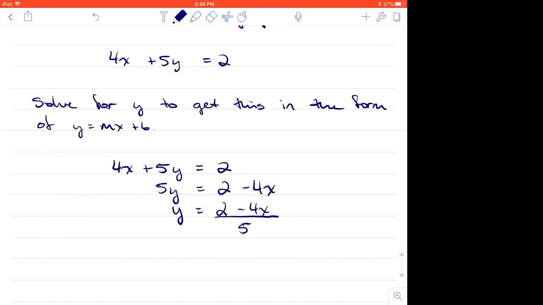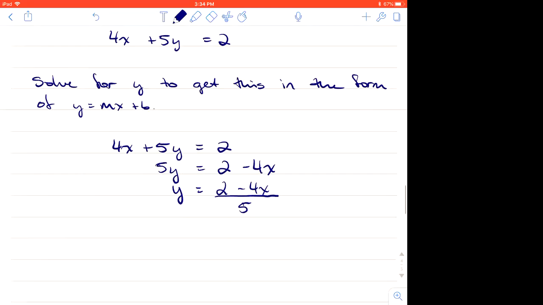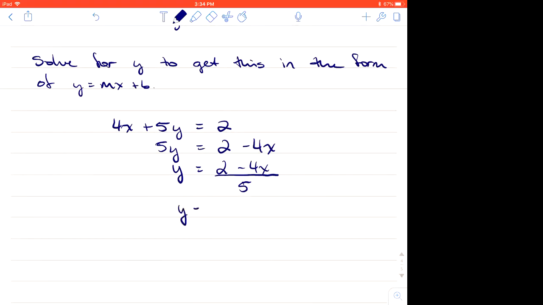Okay. So, right, this is kind of the reverse of subtracting two fractions, because we can rewrite this again as y equals 2 over 5 minus 4 over 5 times x, right? We have this common denominator of 5, which means we can split them up.